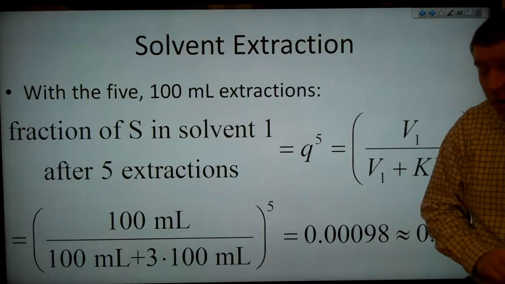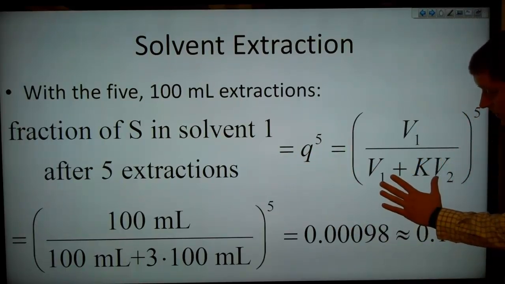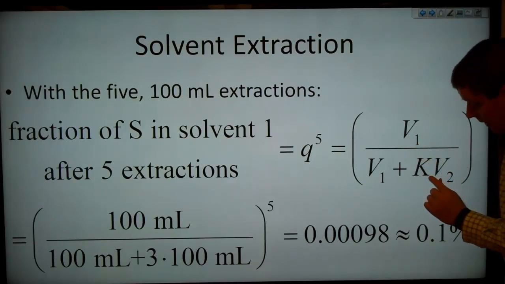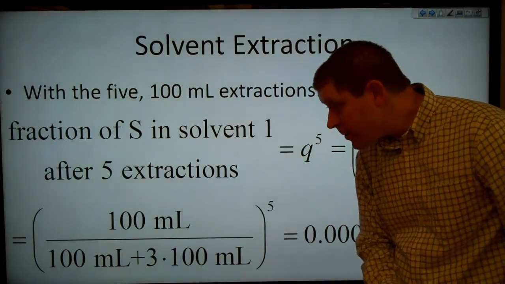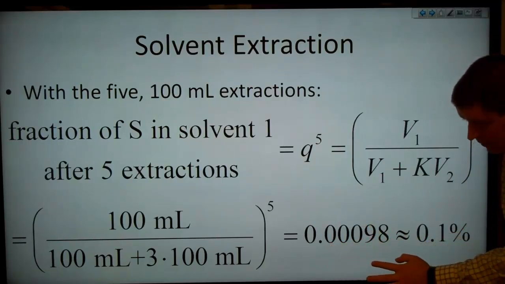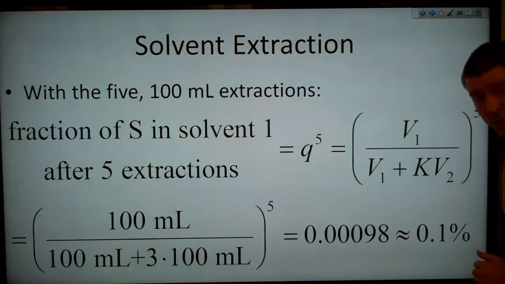With the 5 100 mL extractions, we now have Q to the 5th power, with that same expression, where now we have different volumes of V2. So instead of 500 mL down here, we have 100 mL. But when we raise that to the 5th power, we now get 0.00098, and this is about 0.1%.